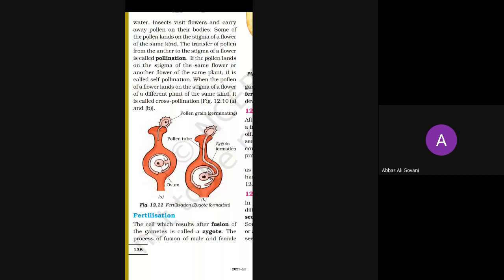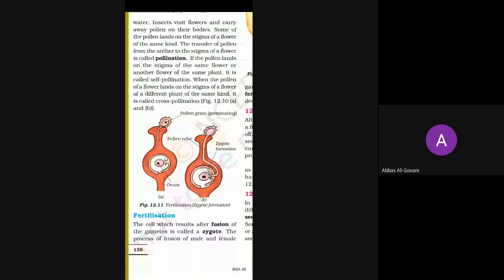Some of the pollen lands on the stigma of a flower of the same kind.